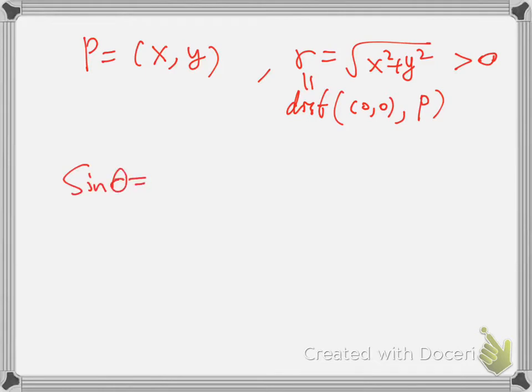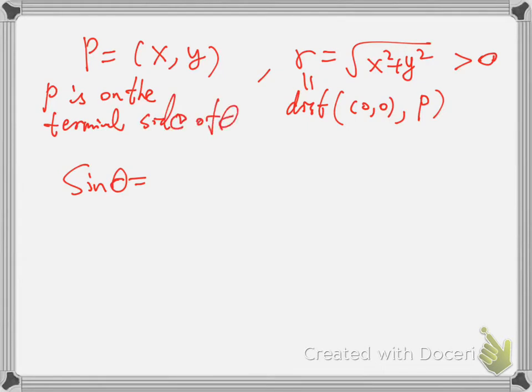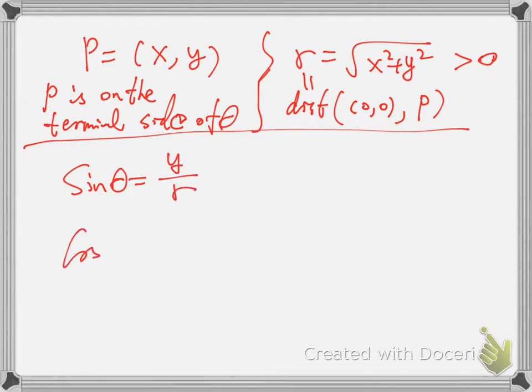P is on the terminal side of theta. So sine theta is y over r, that's the definition. Cosine theta is x over r. And tangent theta is y over x.